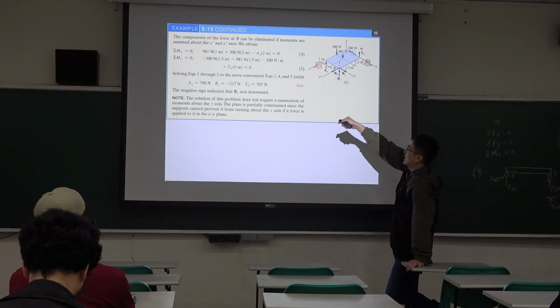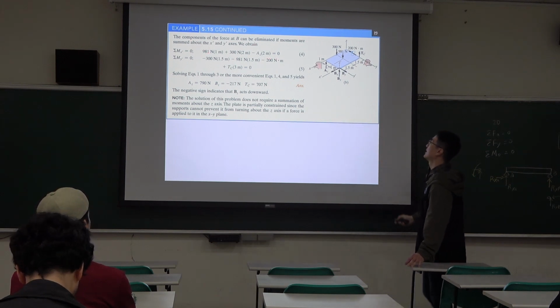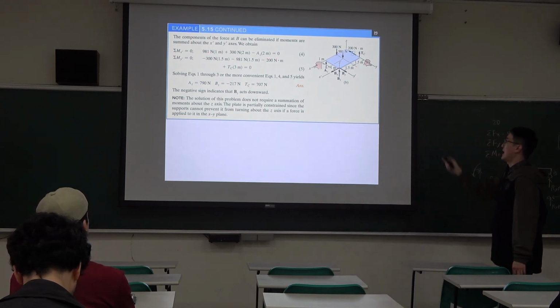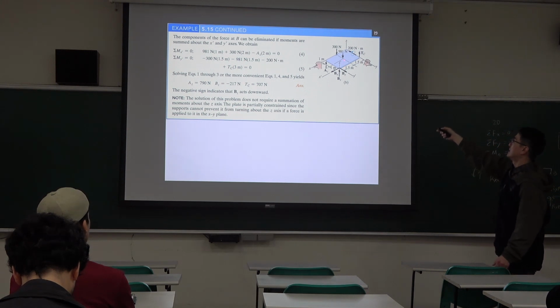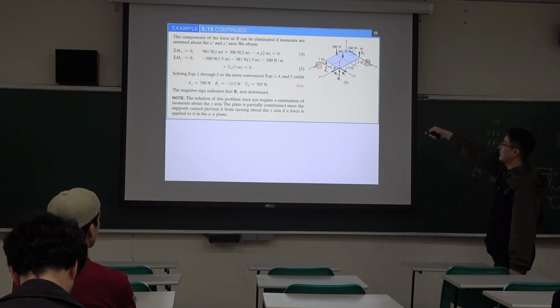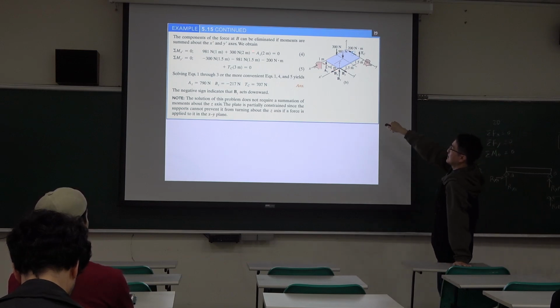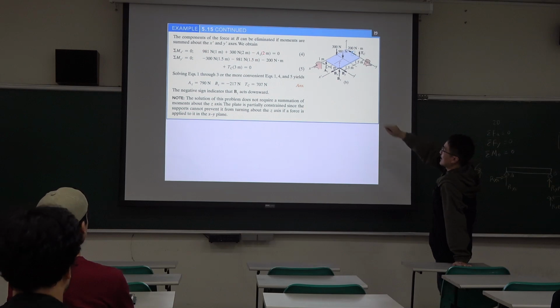Okay, so we can work out AZ from this equilibrium equation. The x plot is here. So 300 and 981, both of them provide a counterclockwise moment, but with different level arms. 1 meter here, 2 meter here. Okay, then using this we can work out AZ.